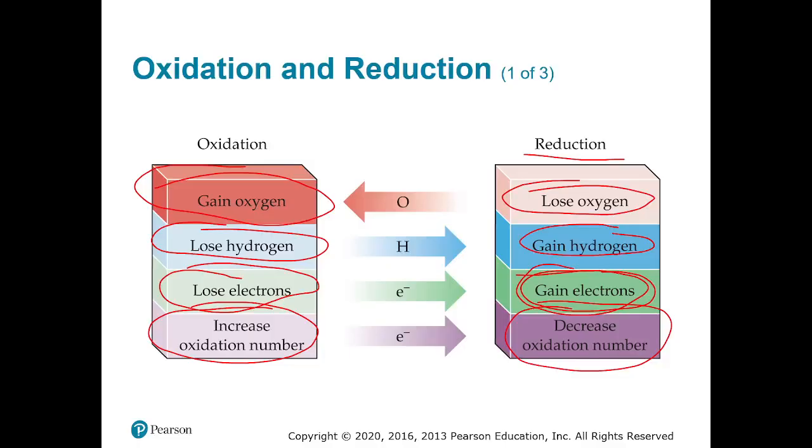Oxidation numbers are actually just methods of tracking numbers of electrons. So if you have an additional electron, you're going to have a negative oxidation number. If you have fewer electrons than you would normally have because of your number of protons, remember, typically protons and electrons are equal, so if you lose an electron, your oxidation number is going to go up.